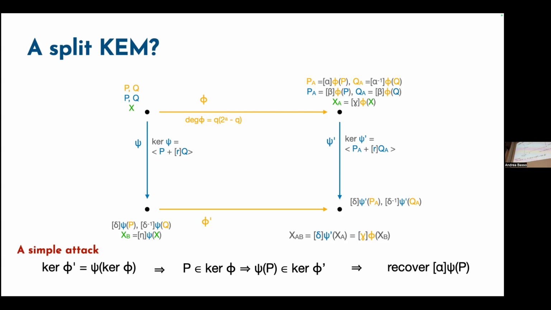Because you know that you have a representation of both phi and phi prime. So if there is a point of small order in the kernel, then you can extract it. Okay, there are no further questions, and thank you again for a good talk.